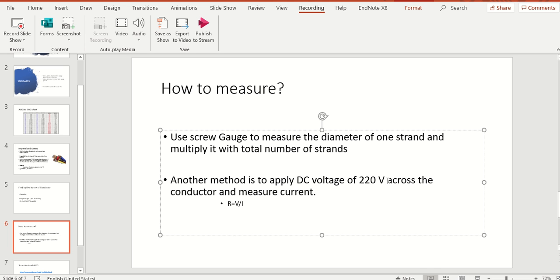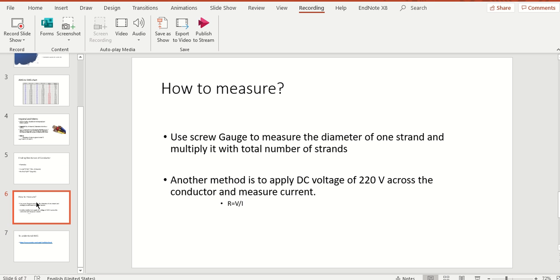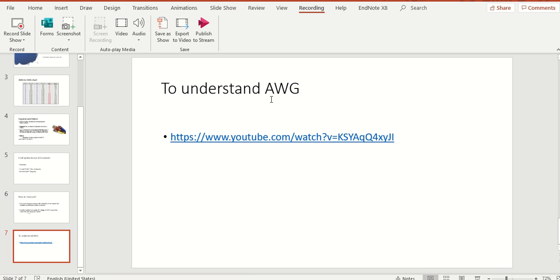So you apply 220 volt, and by using an ammeter you can find the current easily, and using Ohm's law, R is equal to V over I, you can easily find the resistance of the electrical cable. Again, this video will help you in understanding AWG as well, the standard as well. It is a bit different than SWG.